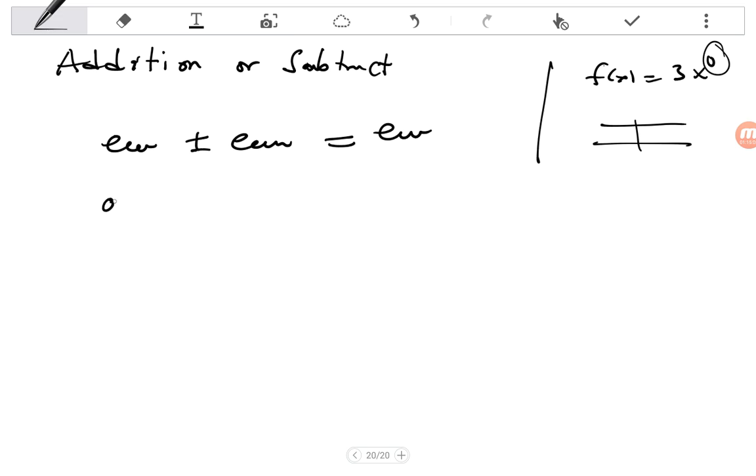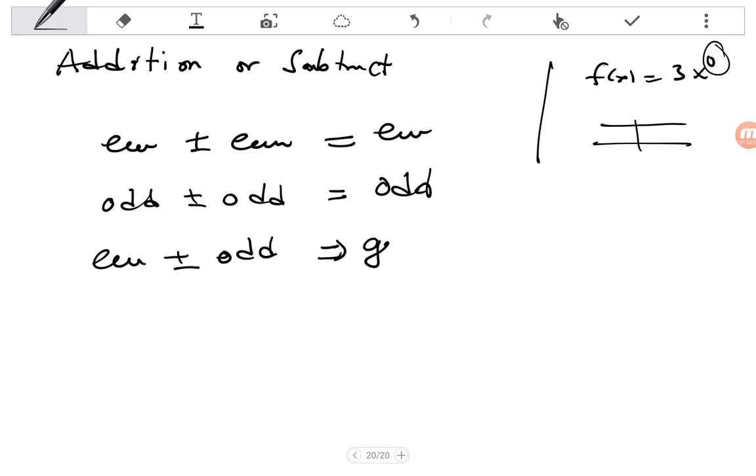Okay? Odd plus or minus an odd function will give me an odd function. Even plus or minus an odd function will give me a general function. For example, if I had 1 plus x squared, is 1 even or odd? Even. 1 is a constant, so it is even.